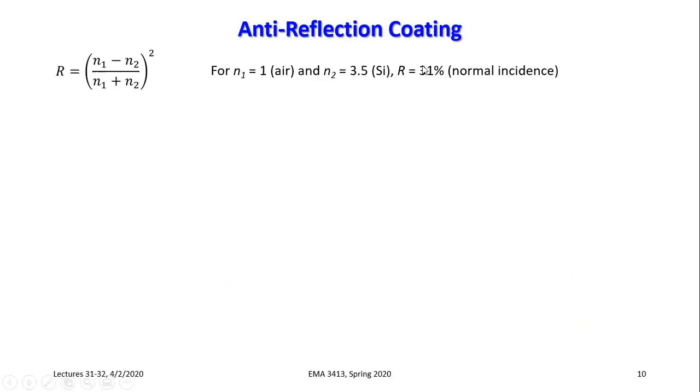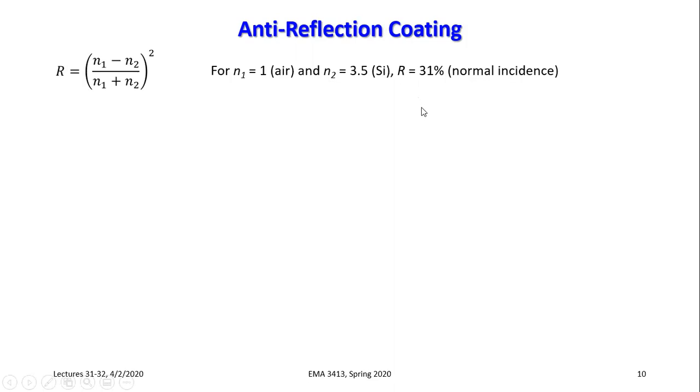And for silicon, if you remember, the index of refraction is pretty high. The dielectric constant is 12, so if you take the square root of that, you get an index of refraction of 3.5. So if you plug in these numbers, for light incident onto a surface of silicon at normal incidence, you're going to have 31% reflection.